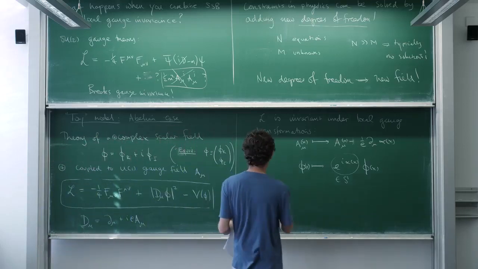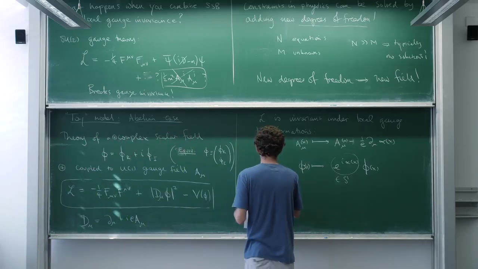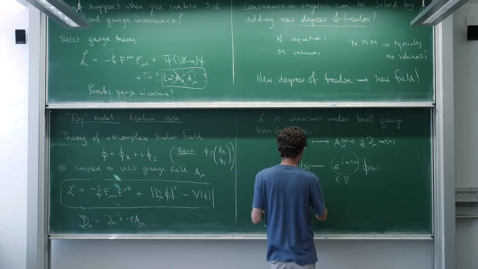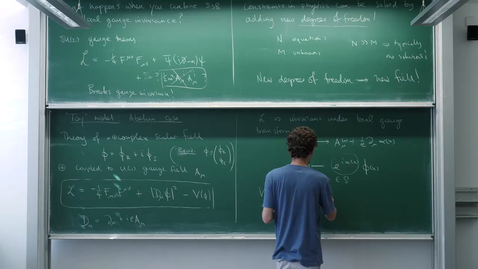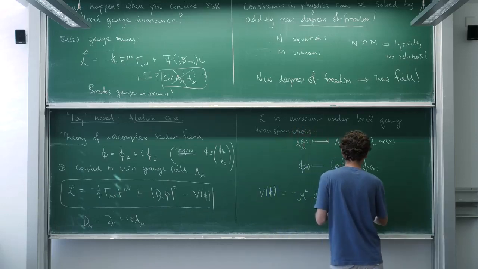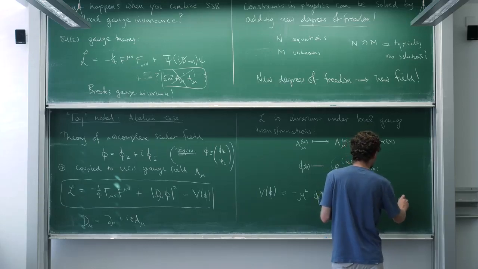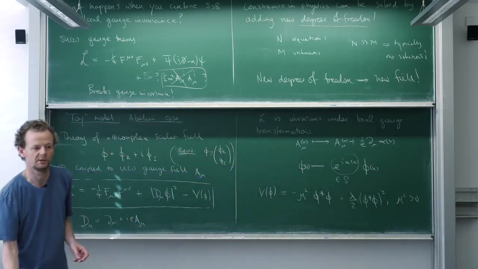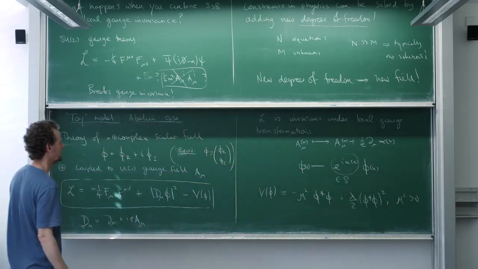And so what kind of potentials are we going to allow? Well, we have in mind exactly the same potential that we've used through all our spontaneous symmetry breaking examples. Namely this one here. So we could have put more complicated potentials, but this is the one we used.